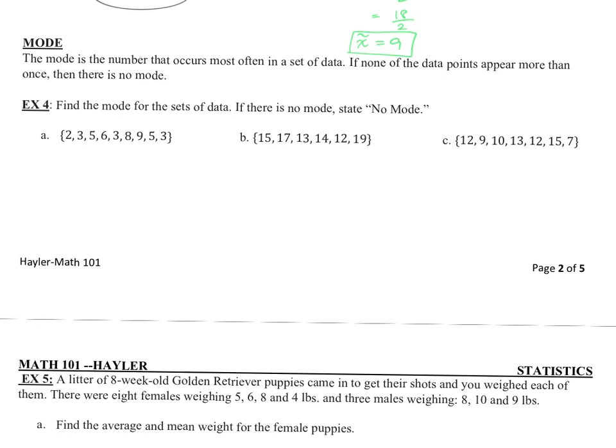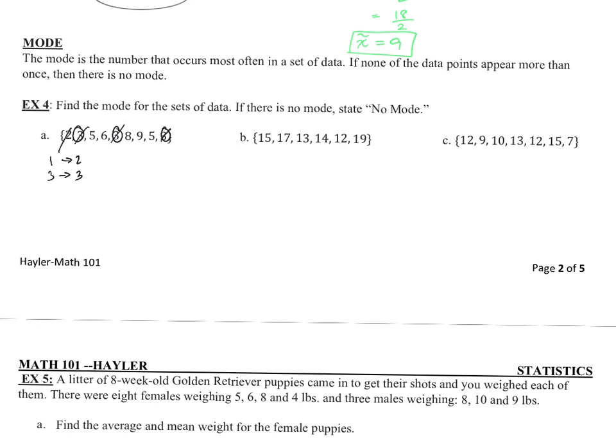Alright, so what I'm going to do is see if there are any repeats. So let me just go ahead and write down the numbers I see. Let's see, so 2, there are no repeats in 2, so let's cancel that out. 3, there are repeats. We have 1, 2, 3. So we have 3 threes. We only have 1, 2 for another.